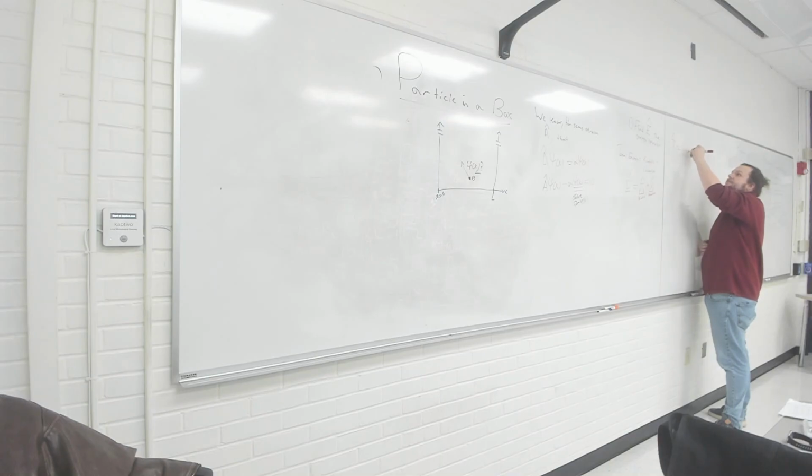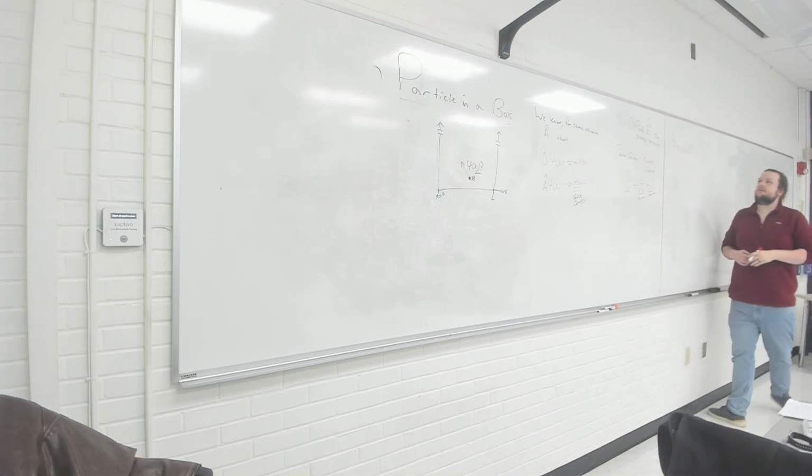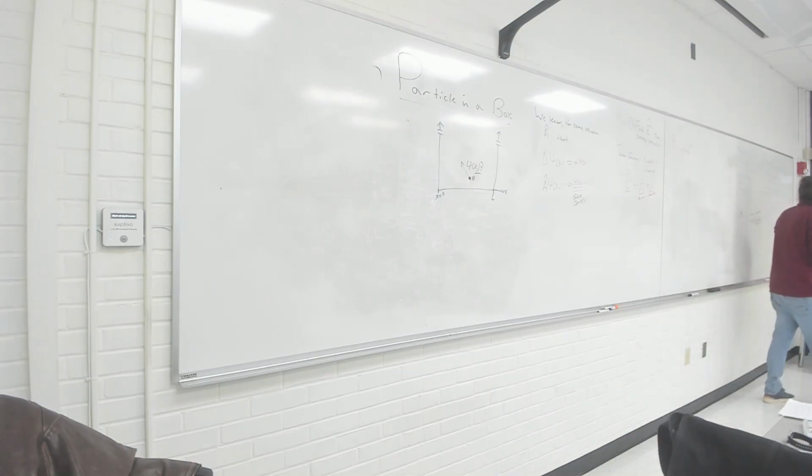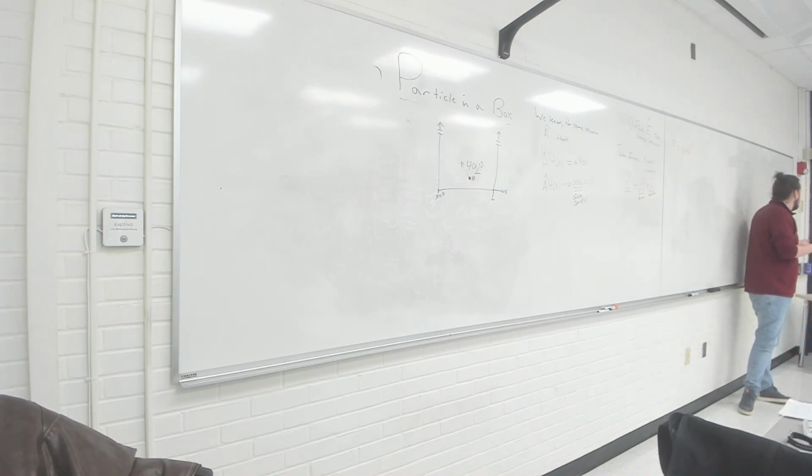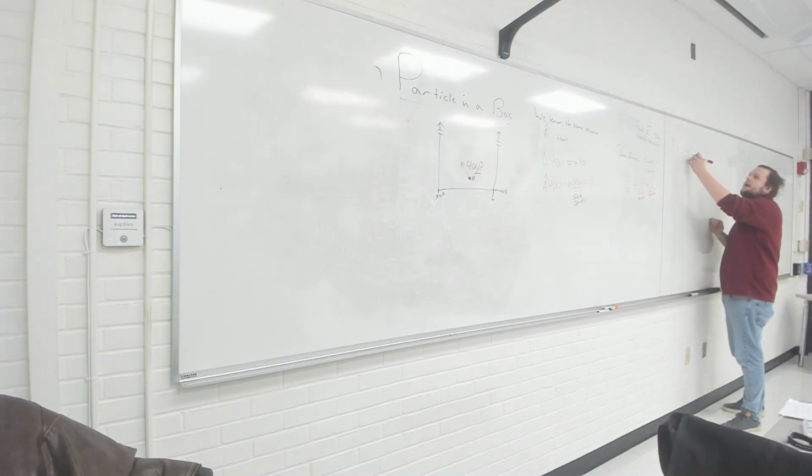Well, I know kinetic energy is 1/2 mv squared. We'll have to make the velocity an operator. Mass is not an operator, it's just a number. It's the mass of the electron.